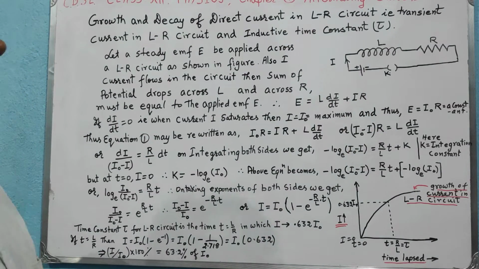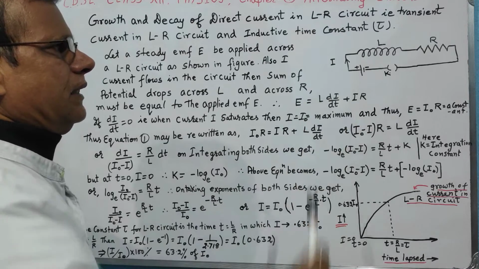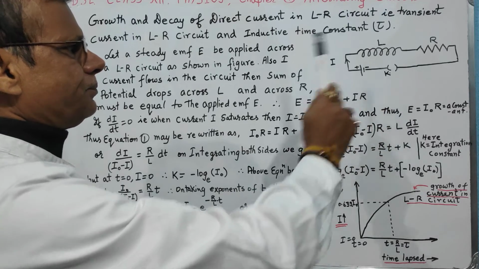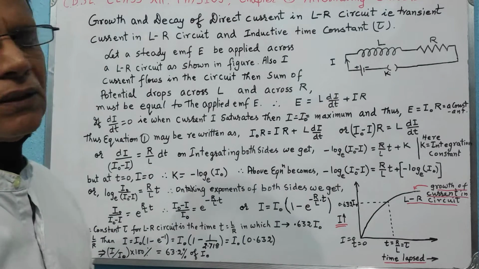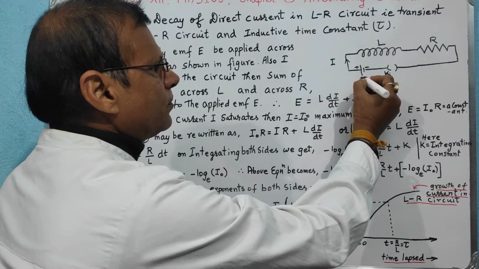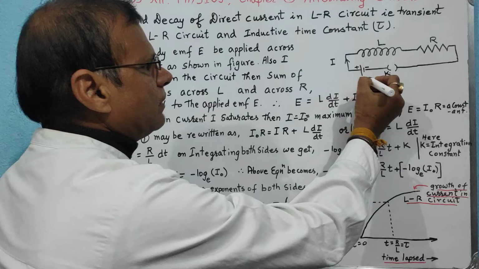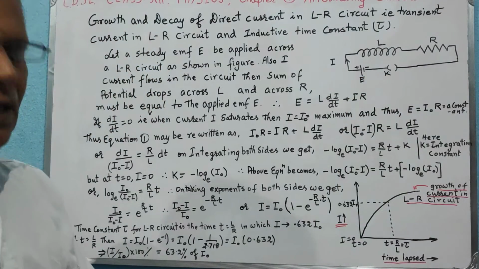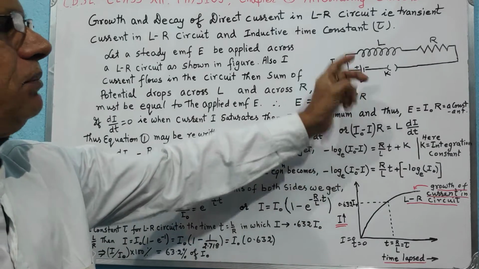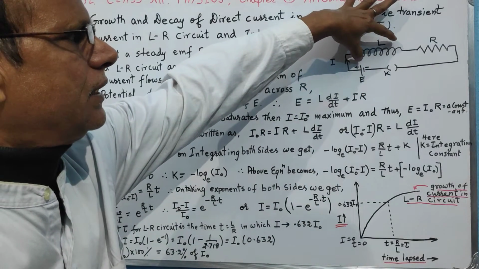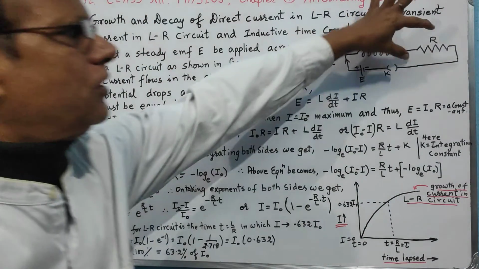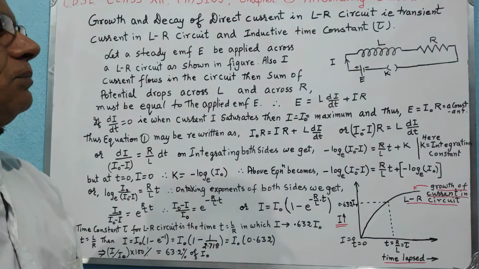Now we assume that I is the instantaneous current flowing through the LR circuit when we switch on. The applied EMF we take to be E. If the EMF of this DC source is E, then the applied EMF E must be equal to the potential difference across the inductance coil plus the potential drop across the resistance of the circuit.